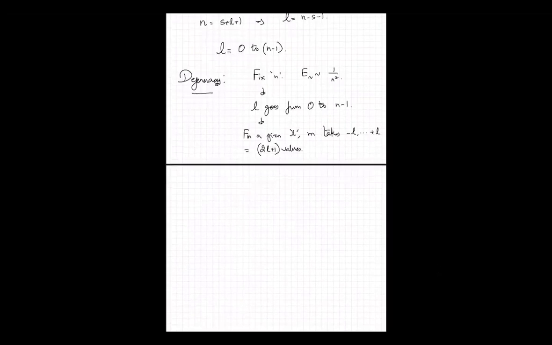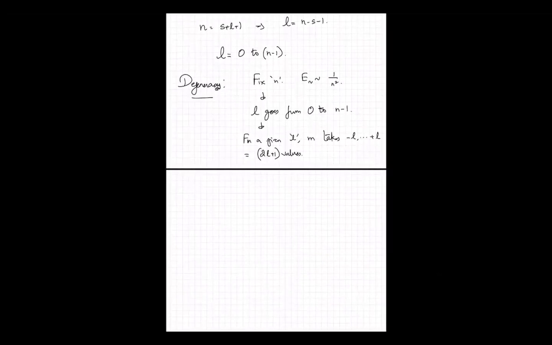Instead of doing the sum, let us work this out for some very trivial number. Let us say n equals 2. For n equal to 2, L can be 0 or 1. If L equals 0, m can be only 0. And if L equals 1, m can be minus 1, 0, and 1.